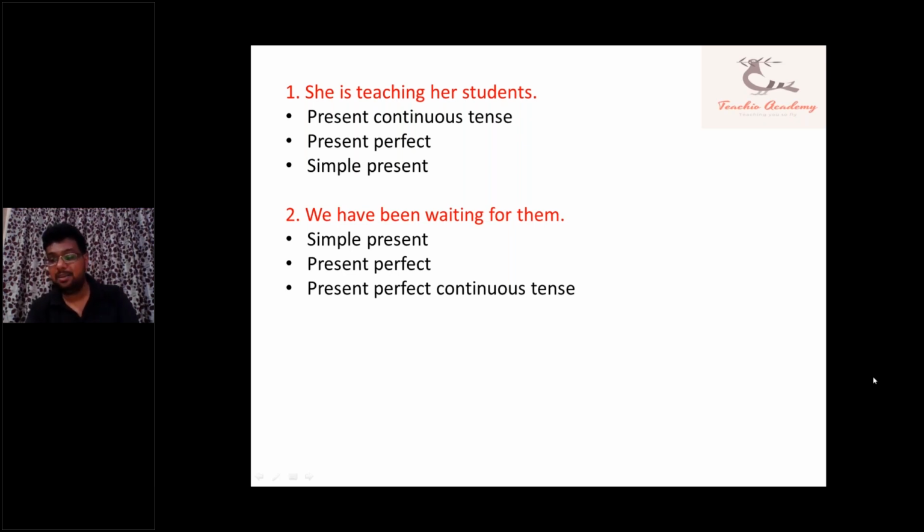It's not C. It's present perfect tense, ladies and gentlemen. It's not present continuous.